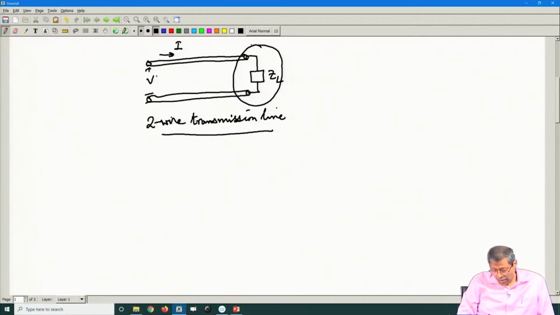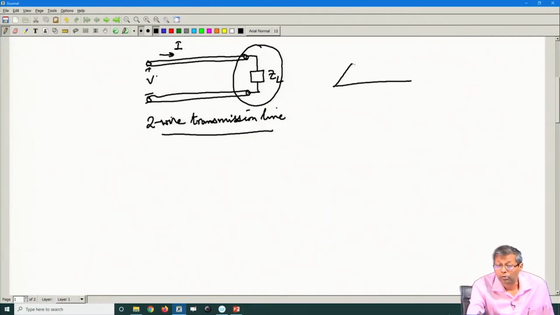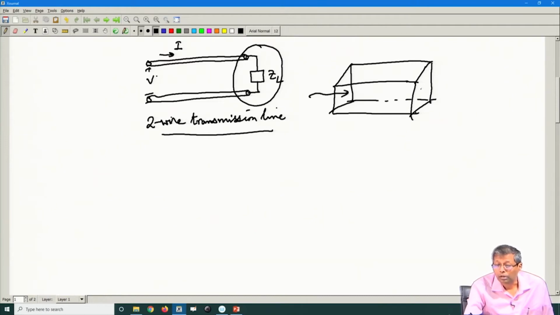But if this concept is extended to, let us say, a rectangular waveguide, we are all aware of a rectangular waveguide, a structure like this.